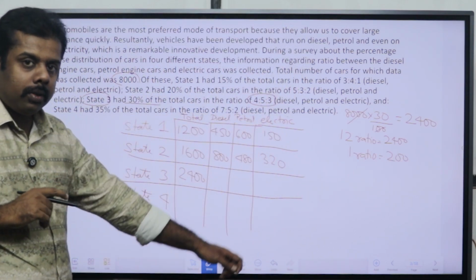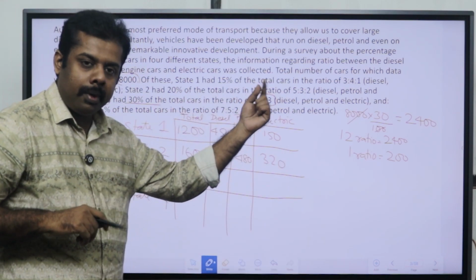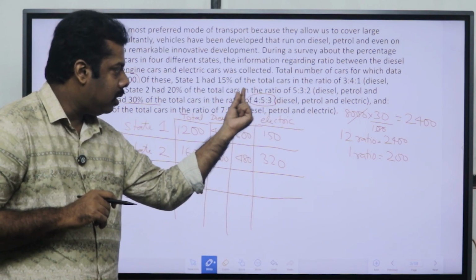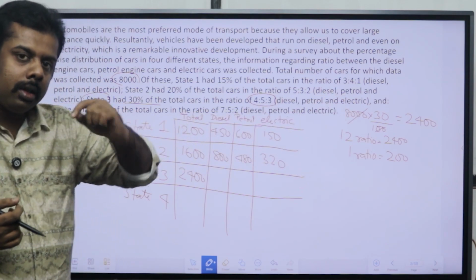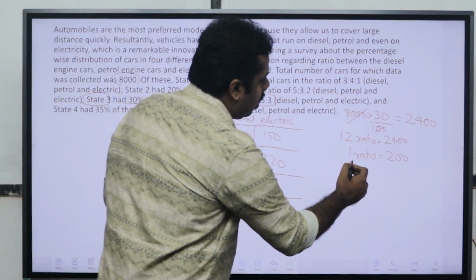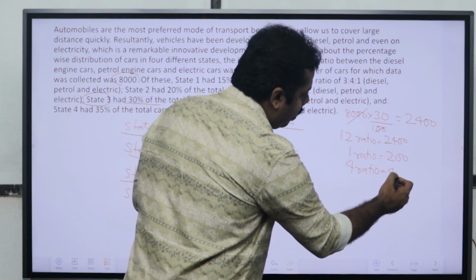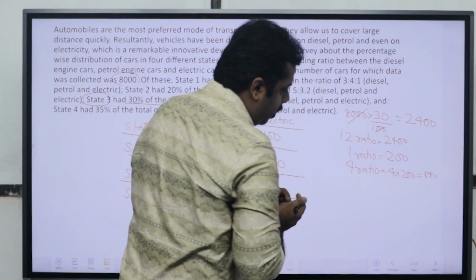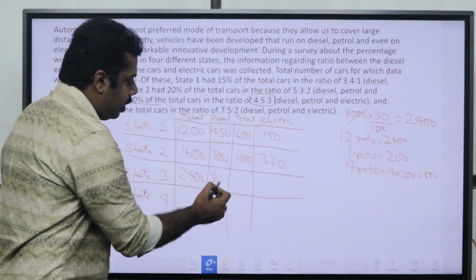Okay, so now that I have the value for 1 ratio, let's find the values of diesel, petrol and electric. Diesel is 4 ratio here. Since 1 ratio is 200, 4 ratio has to be 4 into 200, that is 800. So diesel is 800 here.